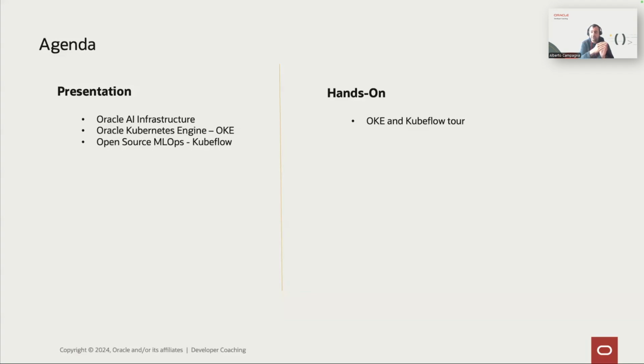And here my colleague will share all the tips and tricks to run OKE with GPU nodes. And finally, we will present Kubeflow in a live demo. Kubeflow is an open source platform to implement MLOps and better implement a process to develop and train machine learning and AI models.